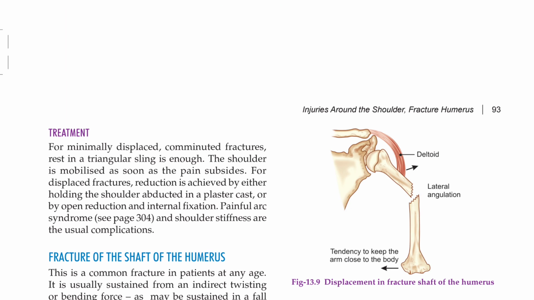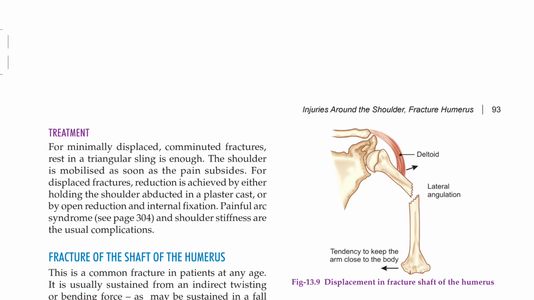So treatment क्या करेंगे? Treatment में for minimally displaced या comminuted fracture, rest in triangular sling is enough. Triangular sling में रखेंगे तब ठीक है. The shoulder is mobilized as soon as pain subsides.